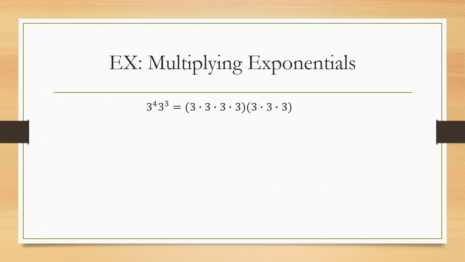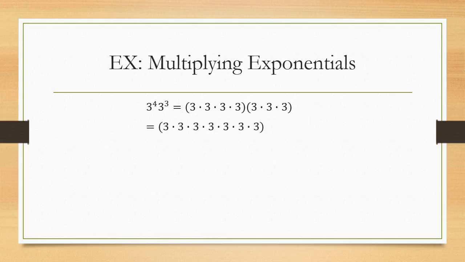So we're going to do an example. This is 3 to the 4th times 3 to the 3rd. Both of these terms have base 3. And all we have done here is apply the definition, right? 3 to the 4th is just 3 multiplied by itself 4 times, and 3 to the 3rd is 3 multiplied by itself 3 times.